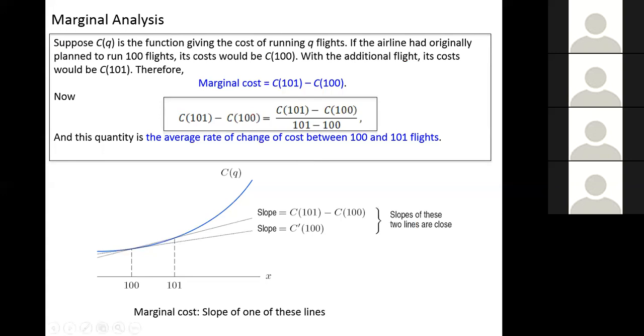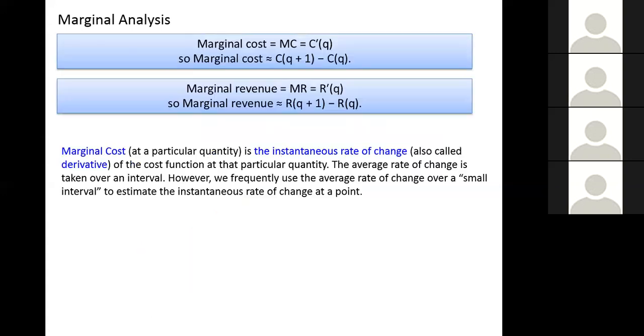Okay, and I also have this, maybe this one will be more clear. That means the marginal cost is the instantaneous rate of change, okay? Which of course is called the derivative of the cost function at the particular quantity. We kind of use the average. The average rate of change is calculated over an interval, but we remember the interval is an extremely small interval.